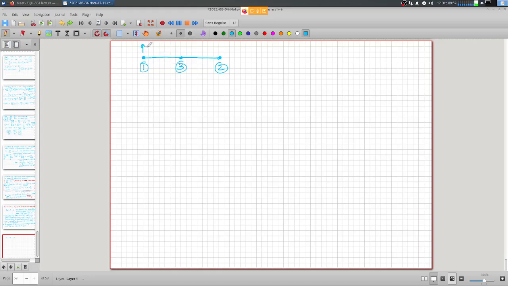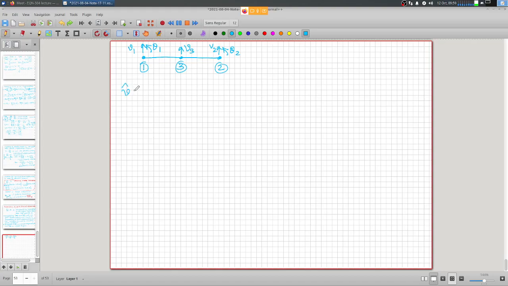Node 1 has 2 degrees of freedom, node 2 has 2 degrees of freedom, so v1, theta 1, v2, theta 2, but node 3 has only 1 degree of freedom, that is transverse displacement.